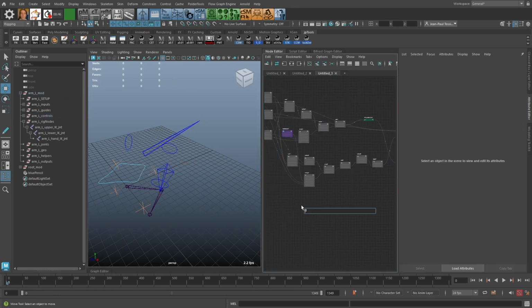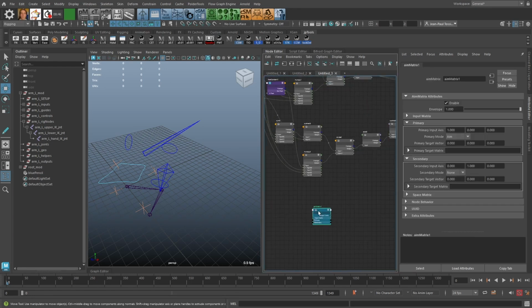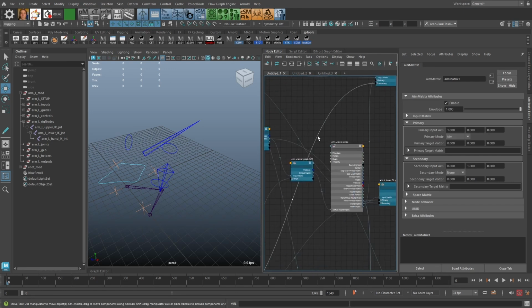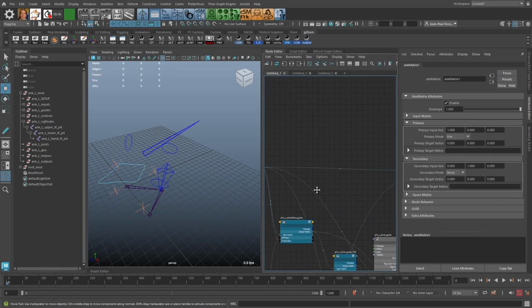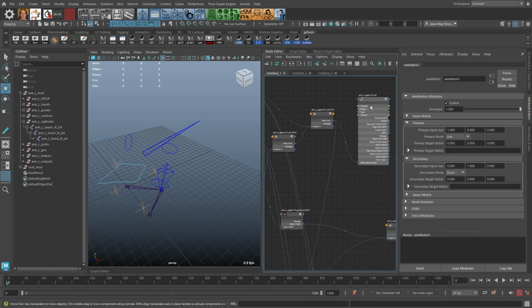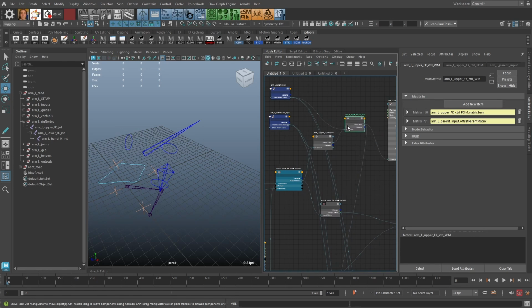So let's create the aim matrix. And for the upper arm, we will use the same matrix that we used for the upper arm control, because this one is moving along with the main control, and that's what we want.